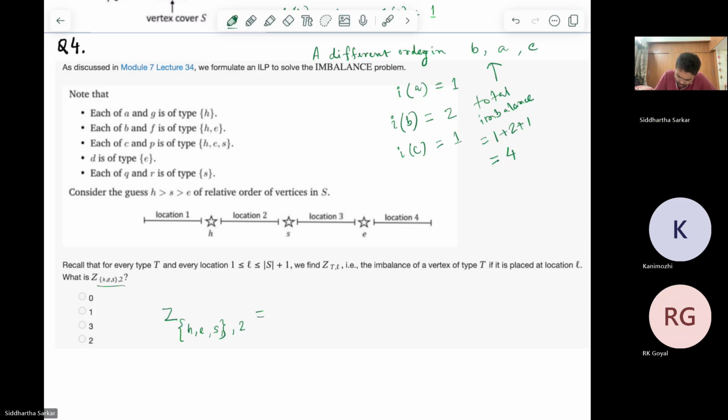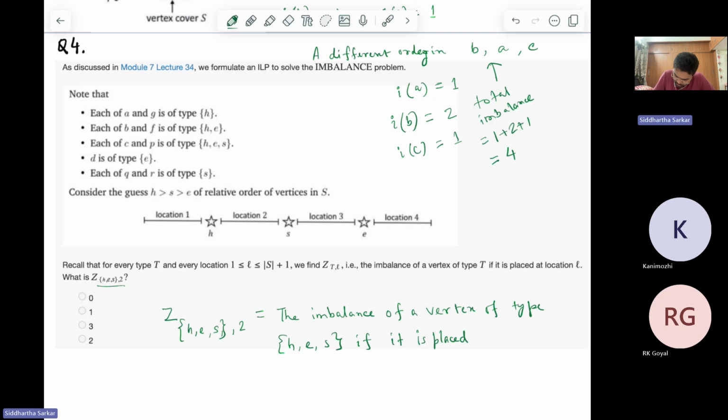This is the imbalance of a vertex of type HES if it is placed in the gap or location, I'll just say location 2. What is location 2? This part. So you are going to place a vertex which is of type HES, that is either C or P here. Let us put C here.